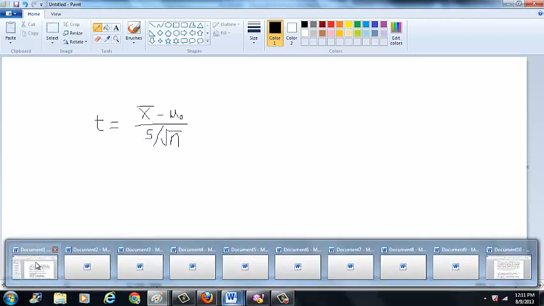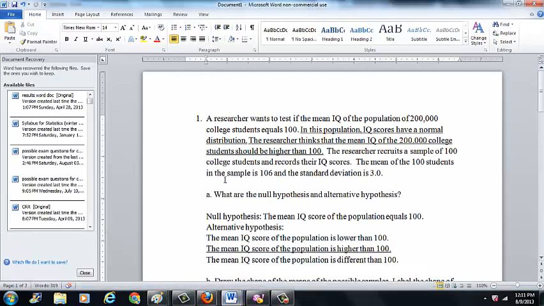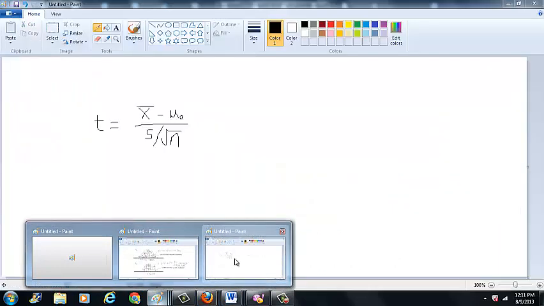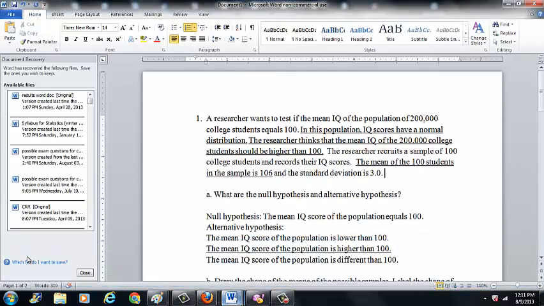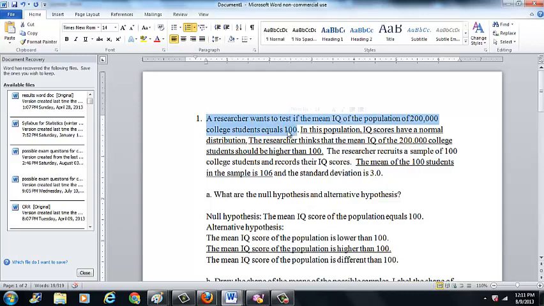Let's see what values we have. Our sample had a mean of 106. The mean of the 100 students in the sample was 106. That's our sample mean. Minus the population mean being tested, which in this example is 100. We're testing if the mean IQ score of this population is 100.